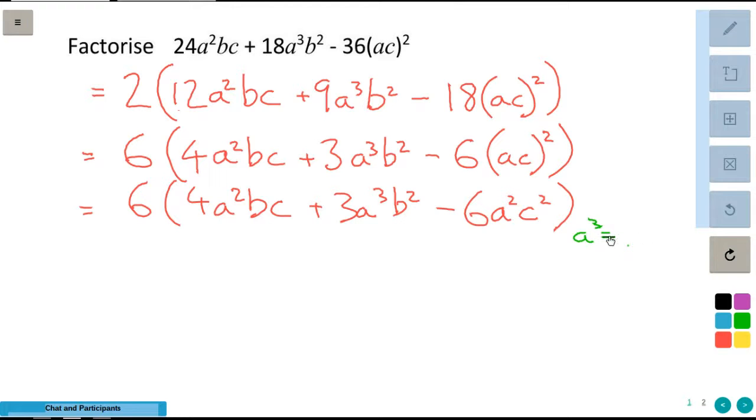Can't write that close to the thing, can I? Whew.